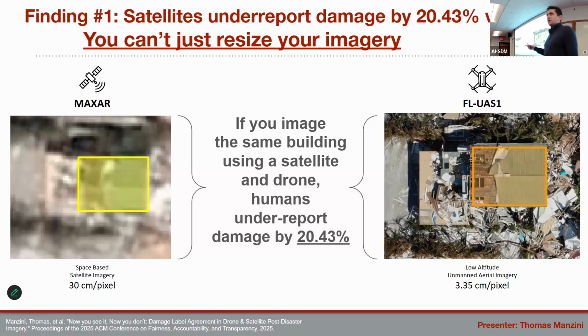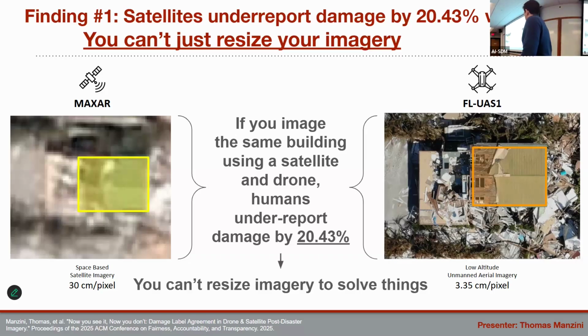And when it comes time to train machine learning models, you can't just resize your image. The standard practice when dealing with weird spatial resolutions is to just say, all right, everything's going to be 640 by 640 pixels, and we're just going to call it a day. If you do that in this case, you're going to be underreporting damage by about 20%. And this is a pretty pervasive problem.